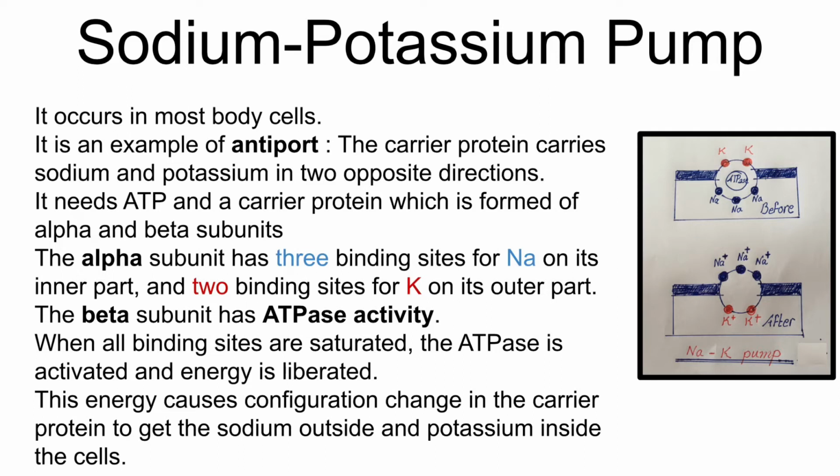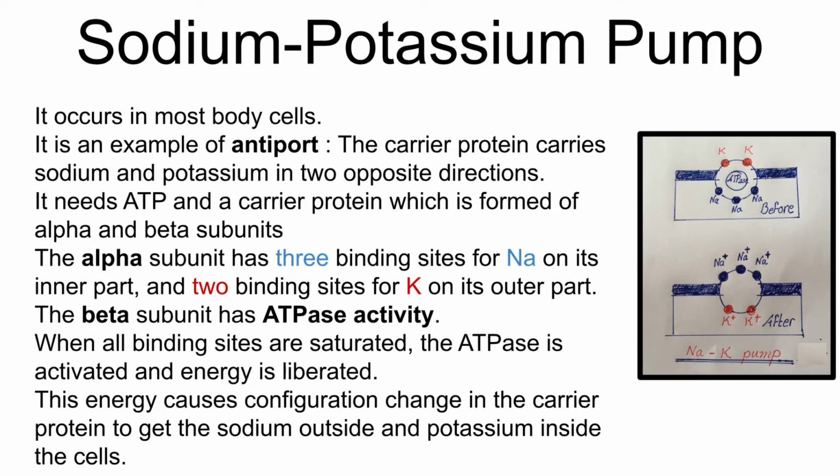Normally, some sodium ions enter and some potassium ions exit the cells. The sodium-potassium pump functions to bring sodium and potassium to their normal original locations, which means sodium is on the outside and potassium is on the inside of the cells.